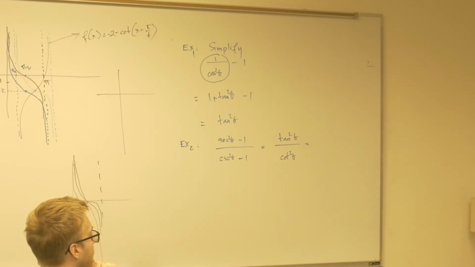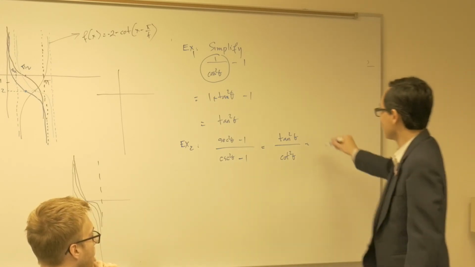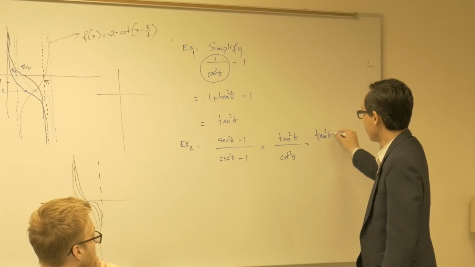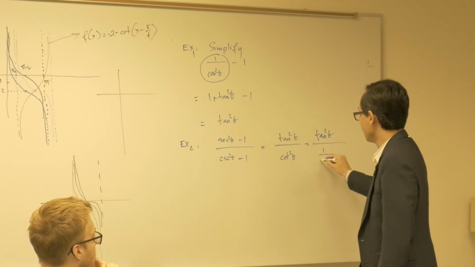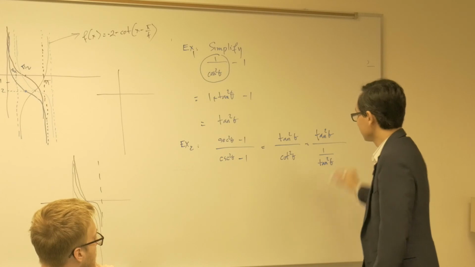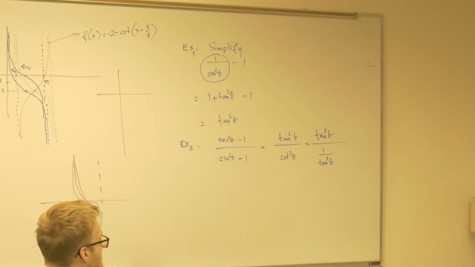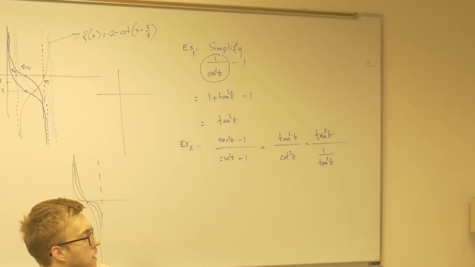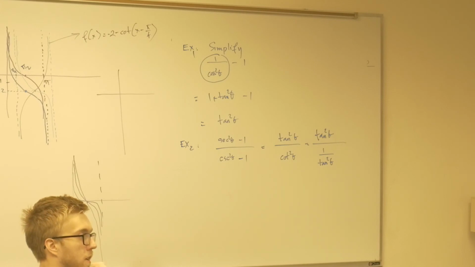You see the cotangent square, I can change it to 1 over tangent square. And tangent square over 1 over tangent square gives you what?